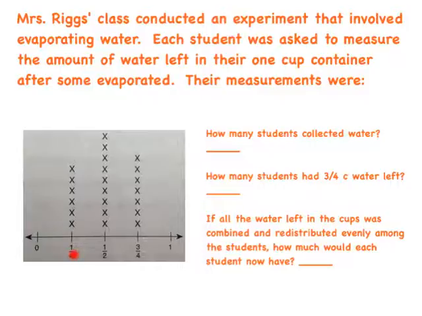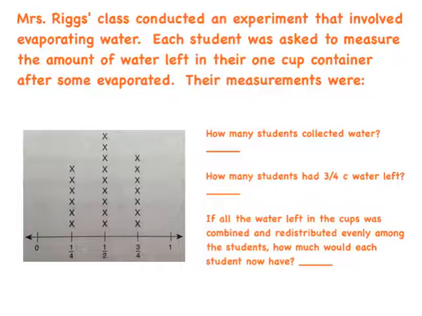The students who had 1/4 of a cup left: there were 1, 2, 3, 4, 5, 6 students. There were 9 students who had 1/2 of a cup. There were 7 students who had 3/4 of a cup.